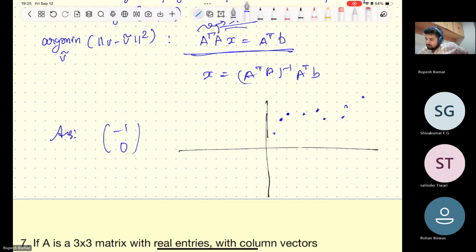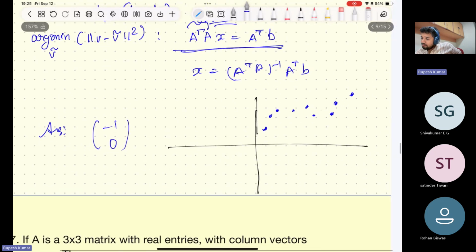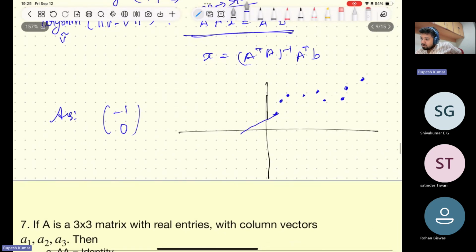This is what least squares looks like. You want to find a line that passes through all the points. Since these points are not in a line, you can't find a single line that satisfies this criterion. But using least squares, you can find a line that is approximately closest to all of these points.